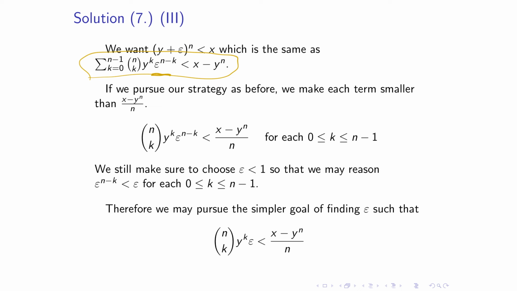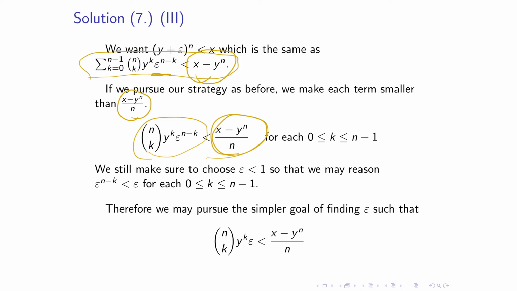Our strategy is to take this quantity and divide it into n equal pieces and make each term smaller than 1/nth of the target quantity. So that means that if this is an arbitrary kth term of the binomial, then we want it smaller than 1/nth of the target quantity.